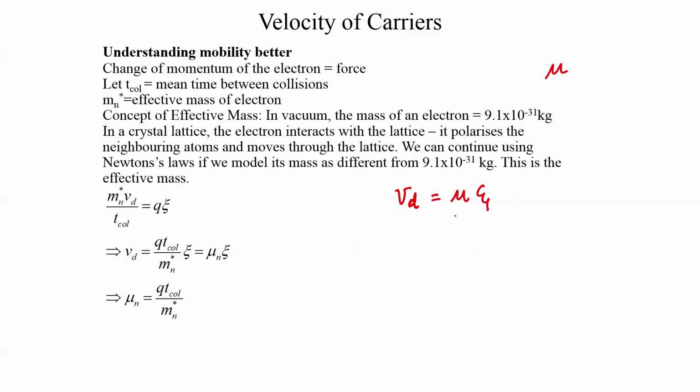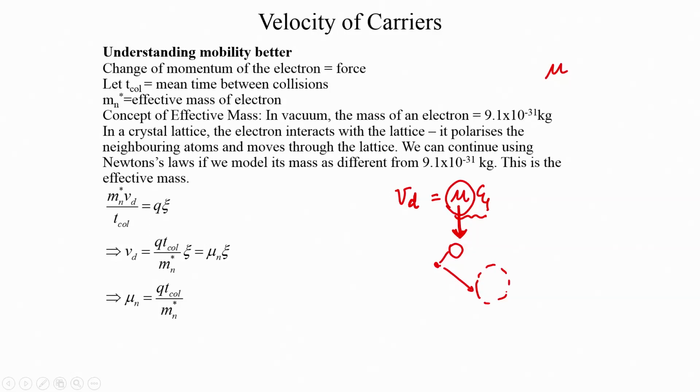This was true for low electric fields, and this mu was defined to be the mobility. And we said that this mobility is essentially governed by microscopic phenomena such as the electron interaction with the vibrating lattice, the electron interaction with charged defects, etc.